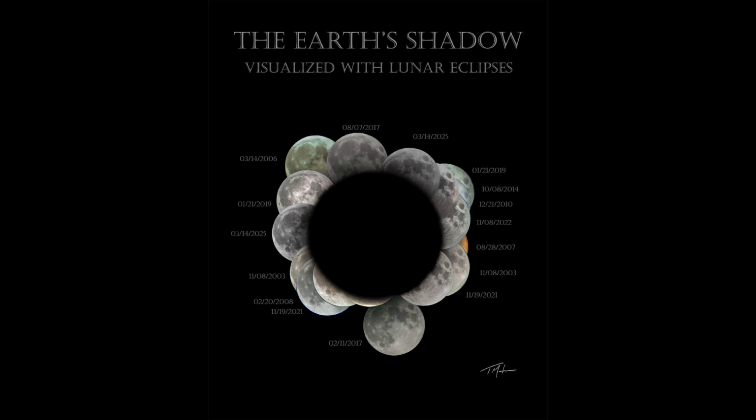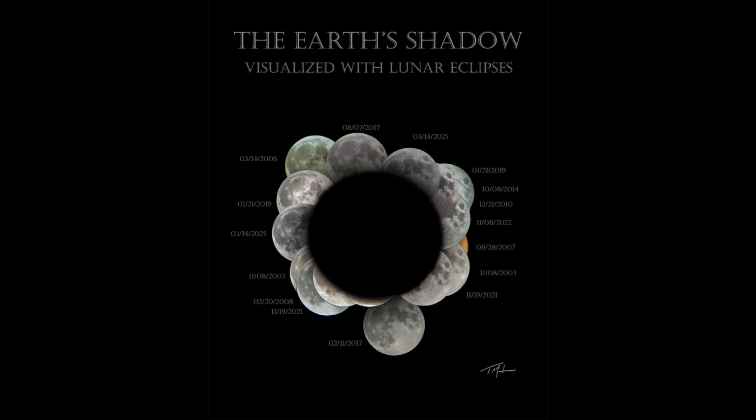But every single time there is a lunar eclipse, the Earth's shadow will appear circular. And the only object that can do that every single time, no matter how it is oriented in space, would be a sphere. So this was one of the early demonstrations that the Earth had to be spherical.